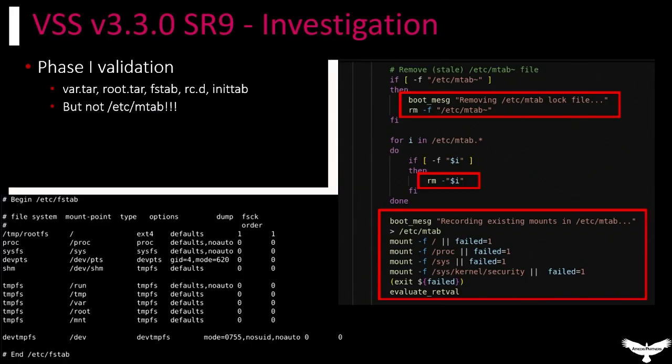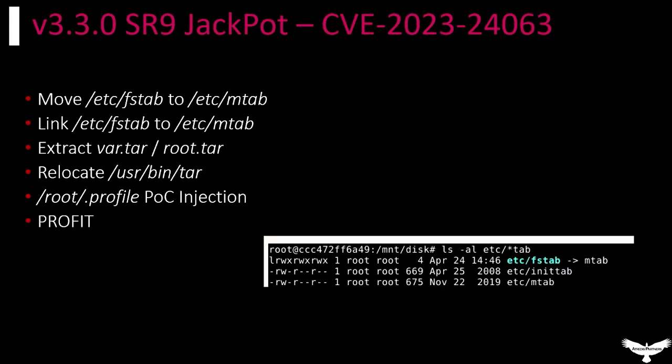Previously, I had mentioned one of the critical security controls of the architecture is the use of temporary file systems, which require them to read /etc/fstab. So if we just move /etc/fstab to mtab and link it back, fstab is deleted before the call to mount is executed, removing the temporary file systems altogether and allowing us to regain persistence to root's home directory.